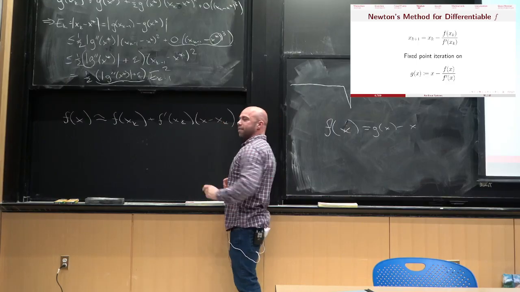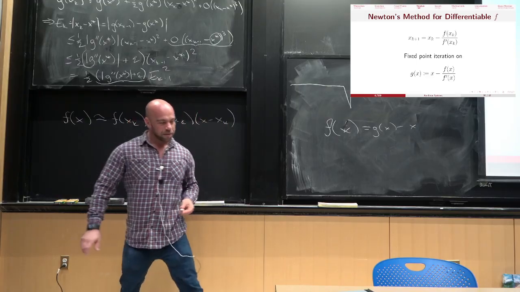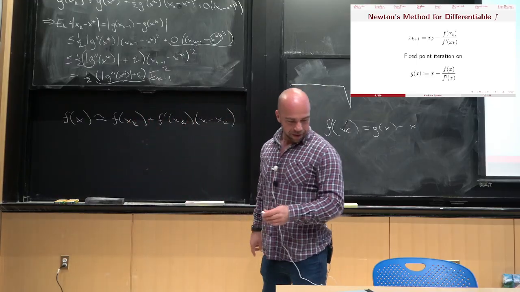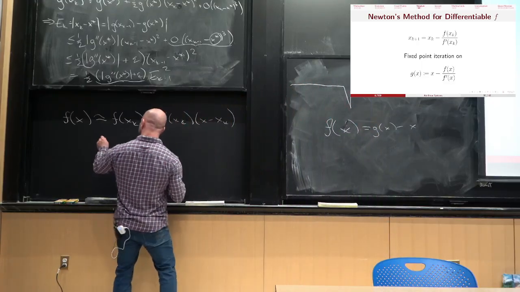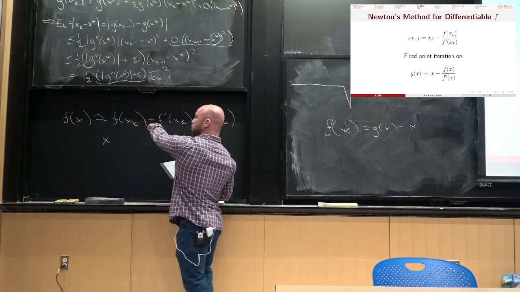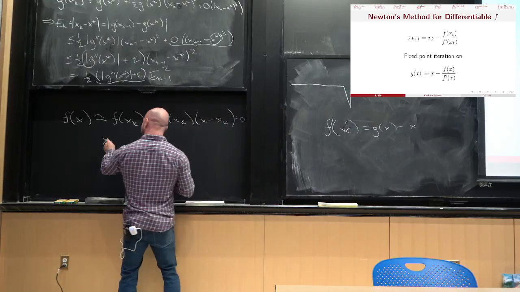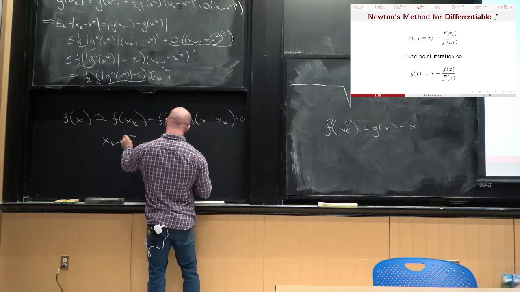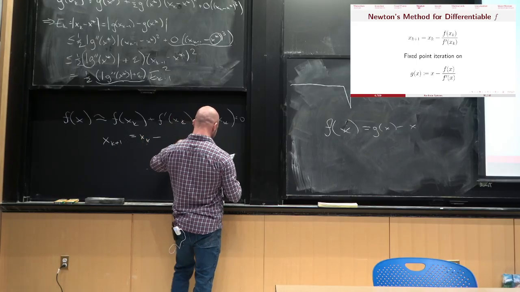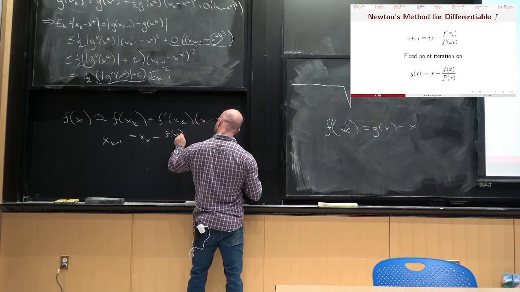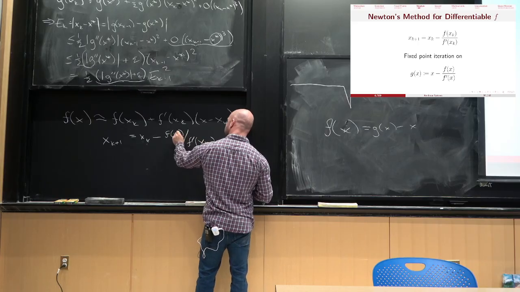This is a Taylor series. Now I can solve this expression for x. If I want to find the root, I set it equal to 0, and then I get that xk plus 1 is equal to xk minus f of xk divided by f prime of xk.